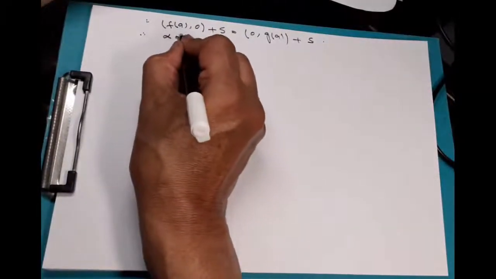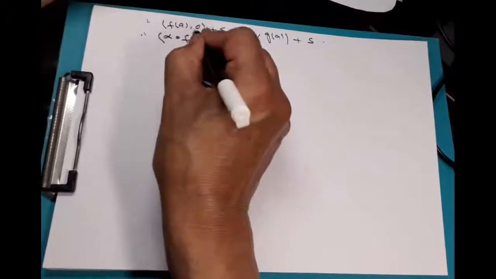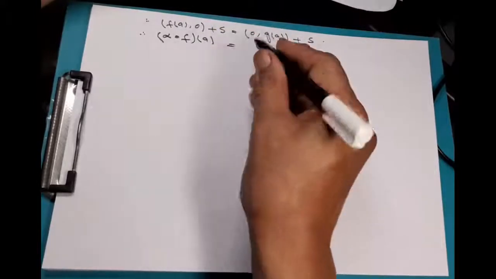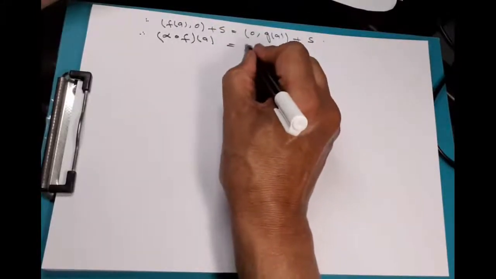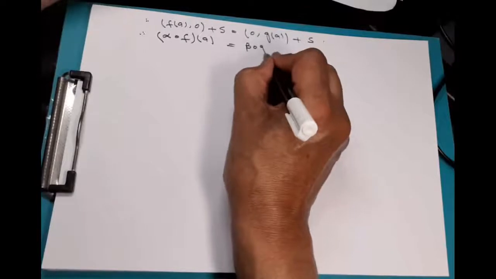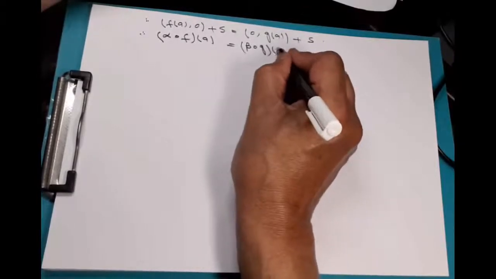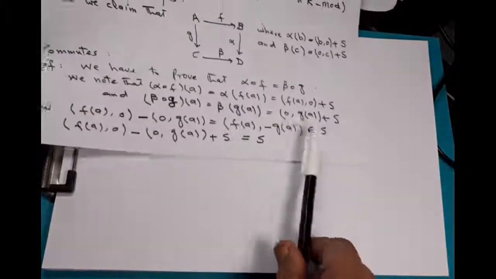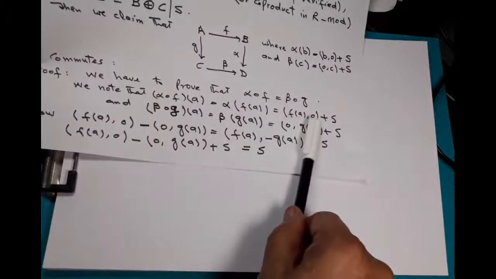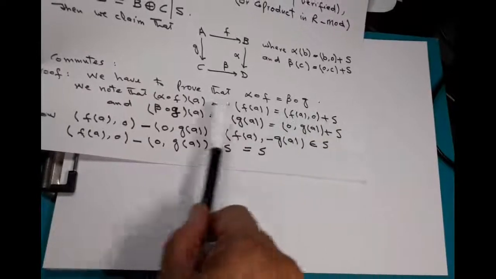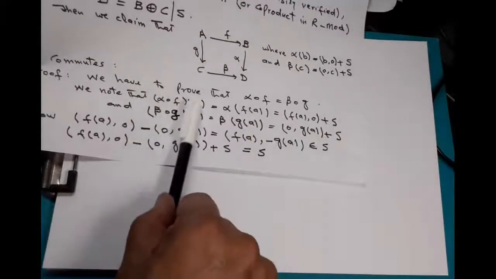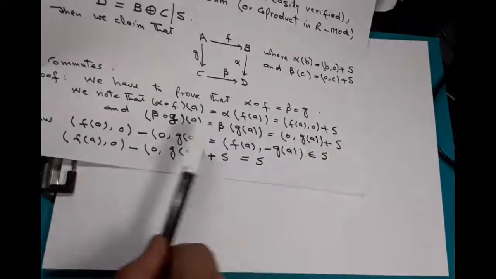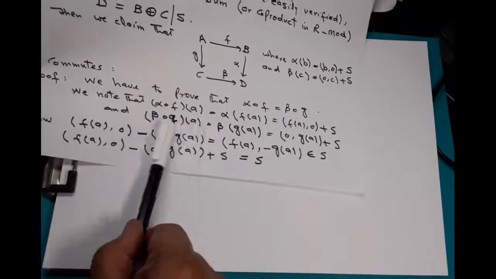alpha composed with F effected upon a, and this is equal to beta composed with G effected upon a. Let me show you. The ordered pair Fa, 0, its coset with S, is equal to alpha composed with F effected upon a. So this is equal to alpha composed with Fa, and this is equal to beta composed with G effected upon a.